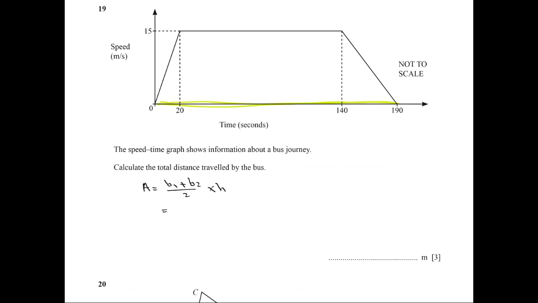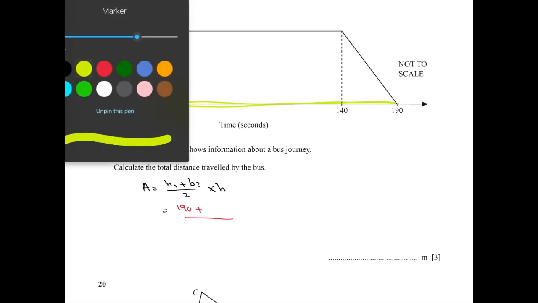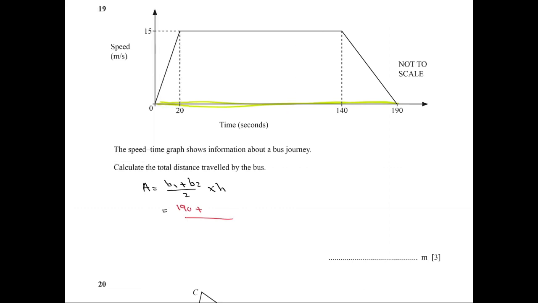So the length of base 1 is 190, plus base 2. Base 2 is this one. Base 2 starts from 20 up to 140, so the length of base 2 will be 120, over 2 times height.